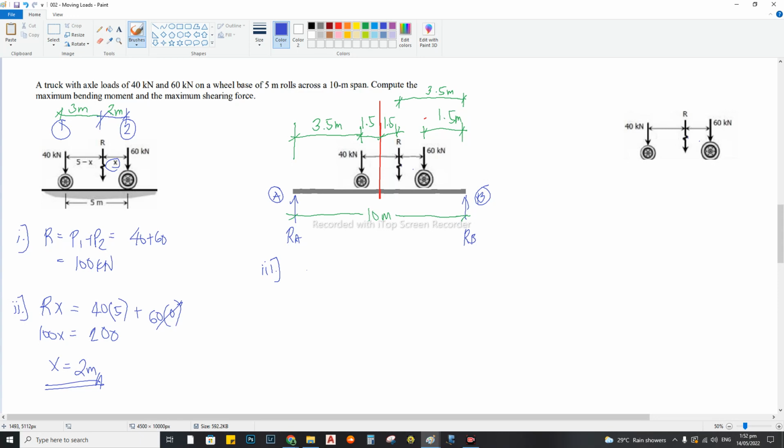So if summation of moment at B is equal to 0, and then clockwise is positive, then you will have RA times 10 meters, and then minus the resultant force gani 100 times 3.5 meters from B is equal to 0.